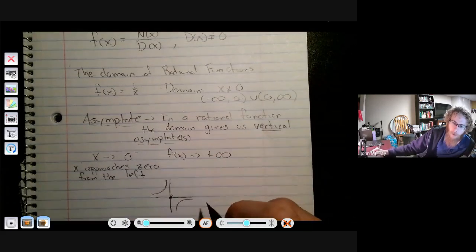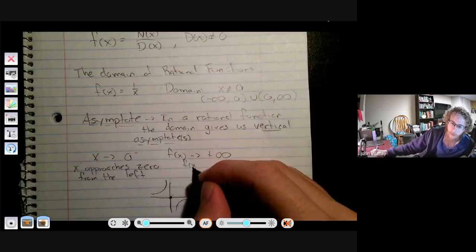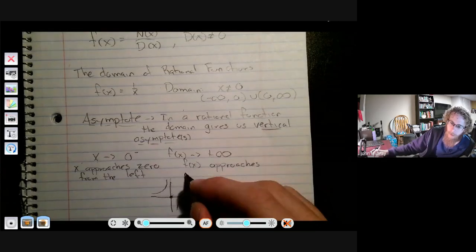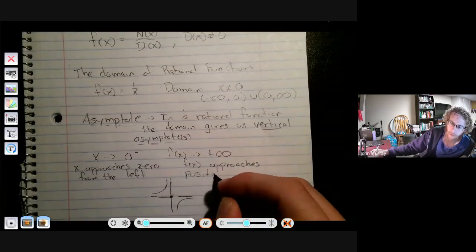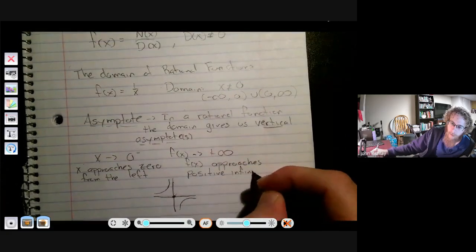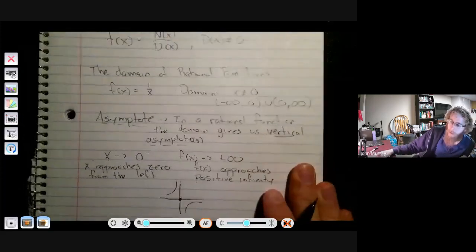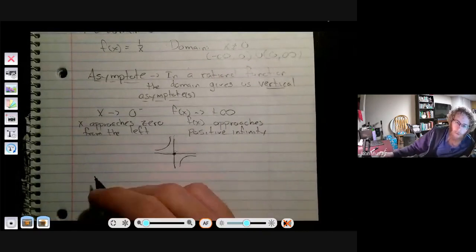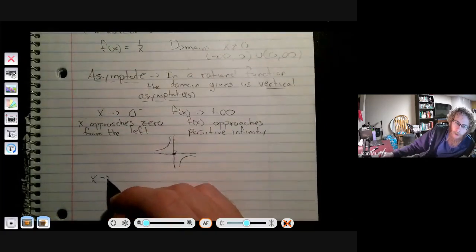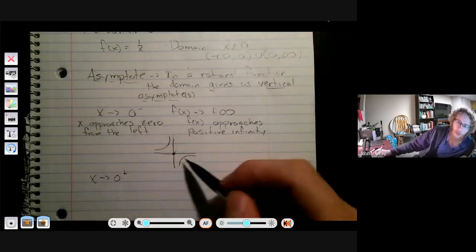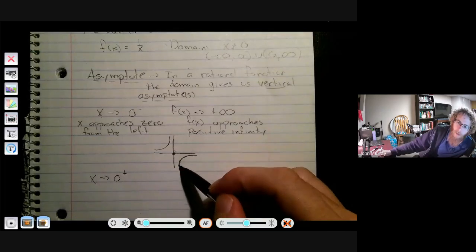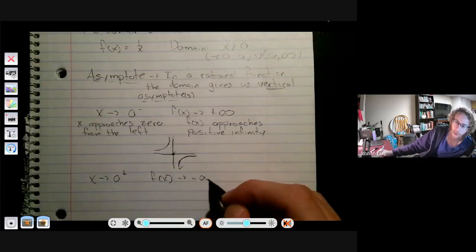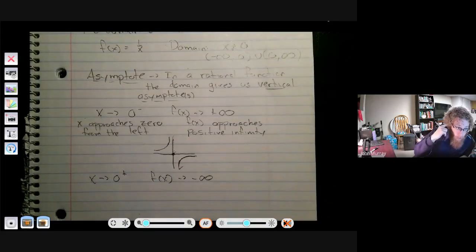Okay, and that's one of the key components of an asymptote. Your function will approach infinity. Okay. Now, on the opposite spectrum, as x approaches 0 from the right, my function f of x will approach negative infinity.